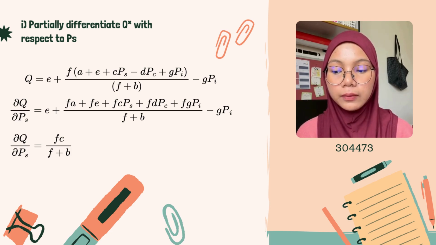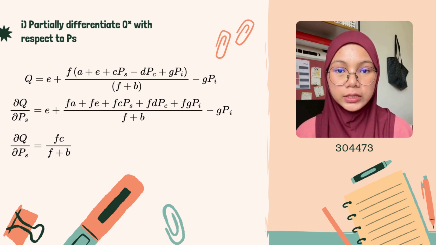Q star equals E plus F times (A plus E plus C P sub S minus D P sub C plus T P sub I) over (F plus B minus T P sub I). Our task is to partially differentiate Q star with respect to P sub S, which is the price of the substitute.